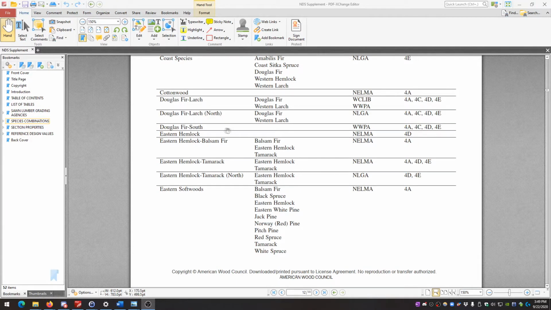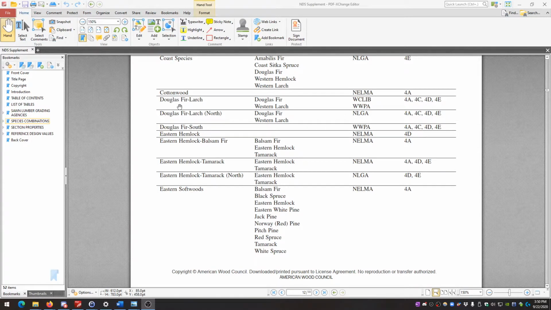Also be very careful when you're looking up properties, because some of these have very similar names. Douglas fir larch north and Douglas fir larch, these are not the exact same things. Obviously they have some similar species, but they're different families provided by different ratings and grading agencies.